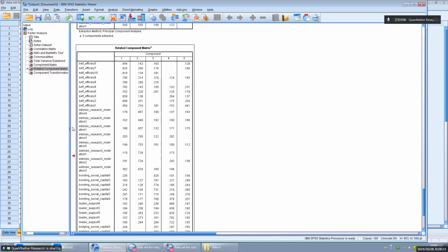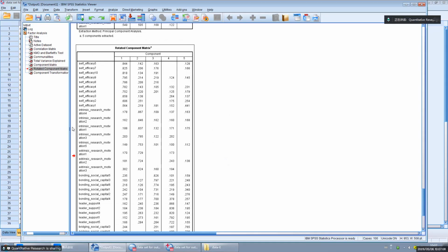Otherwise, for example, you merely use a scale that has been validated in prior studies. In this case, if you are strict, you can consider removing this item as well. You can also consider keeping this item, because although there is a cross-loading, the loading on the fifth factor is still the highest, right?